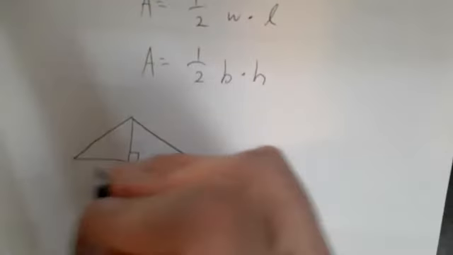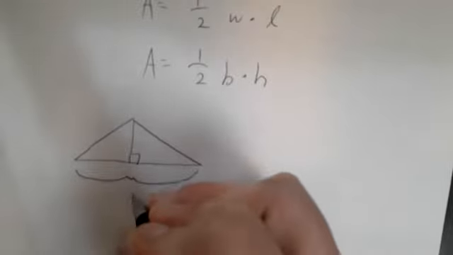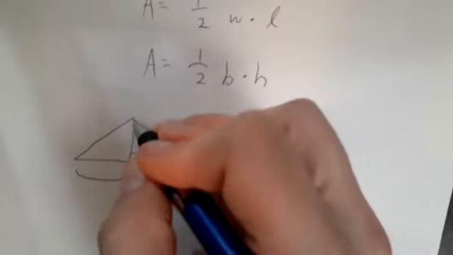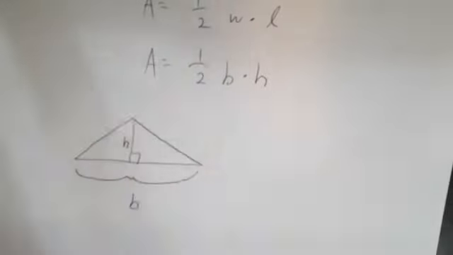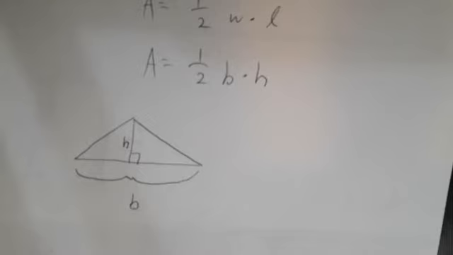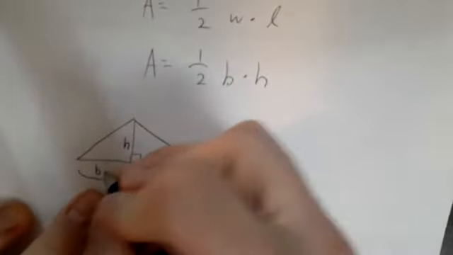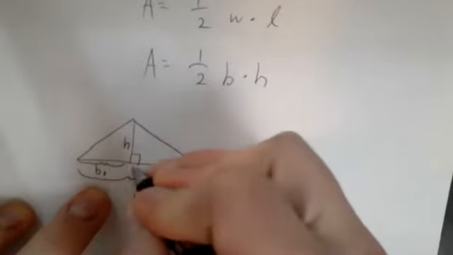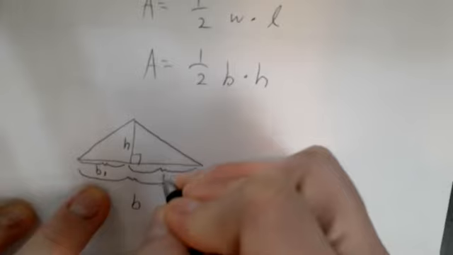This side of the triangle is our base. The thing I just drew is my height. The height always comes 90 degrees perpendicular to the base, and it always intersects the opposing angle. I can divide the base into base part 1 and base part 2.